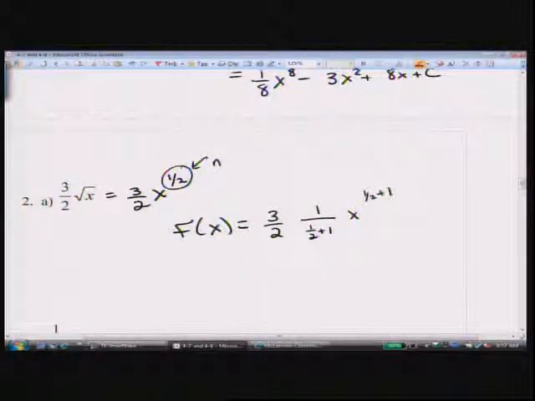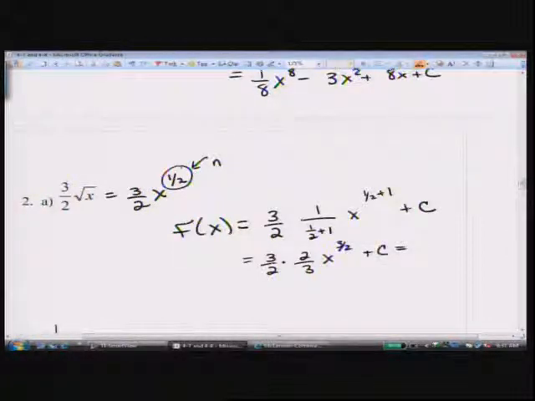Now, I don't normally show all of this work, but while we're first doing this, I think it's okay. All right, so in your denominator, 1/2 plus 1 is 3/2. And so when you flip it, it's going to be 2/3. So this is going to be 3/2 times 2/3 x to the 3/2 plus c, which is just then x to the 3/2 plus c.